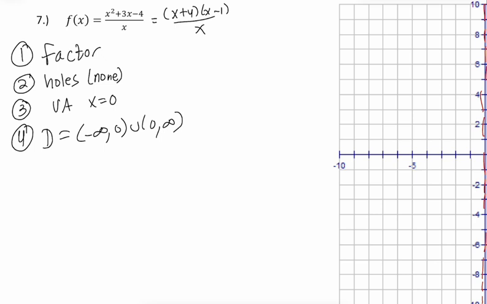Now let's talk about our intercepts and our zeros. Remember, our zeros are just our x-intercepts. The zeros are where our top function is equal to 0.